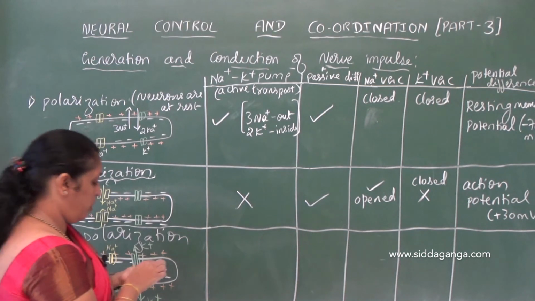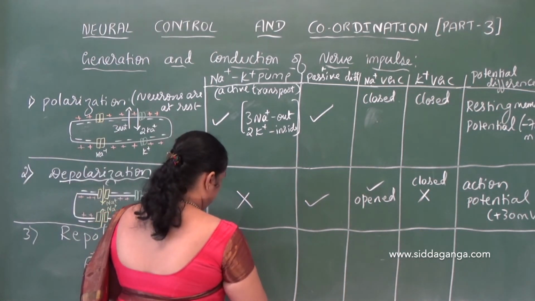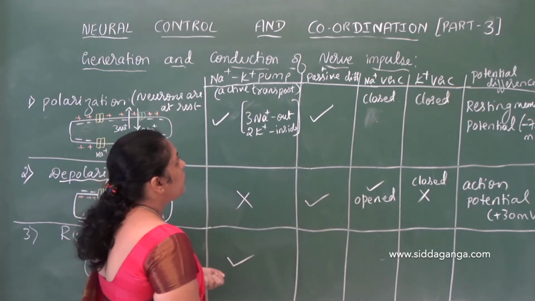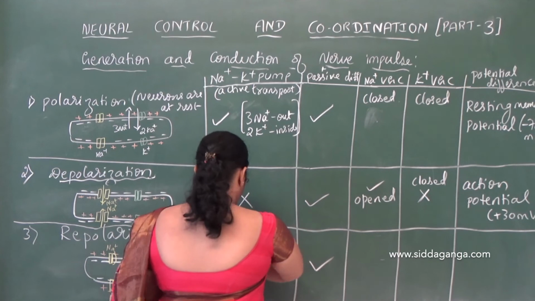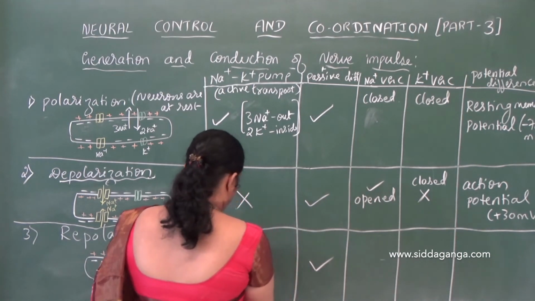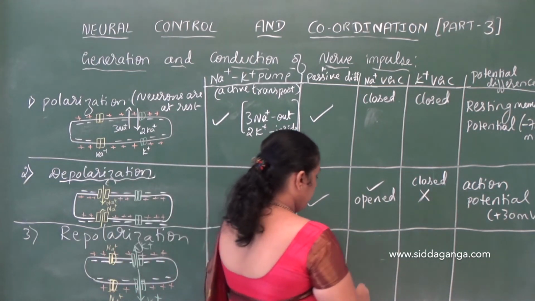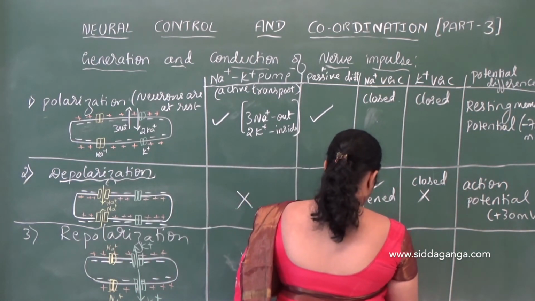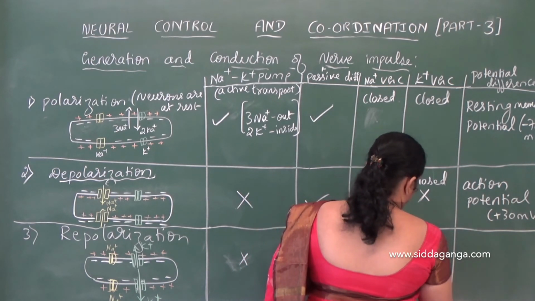So, this potassium, again passive diffusion occurs. Potassium channels will be closed and opened.